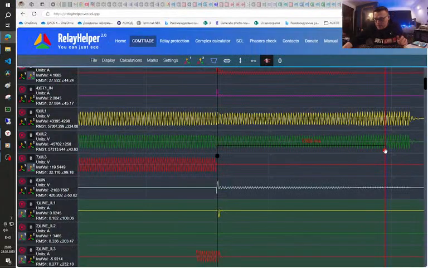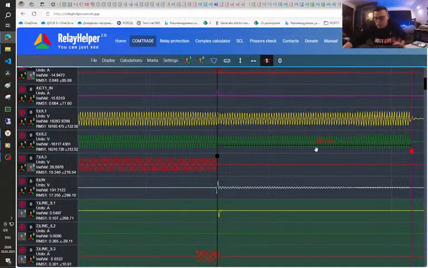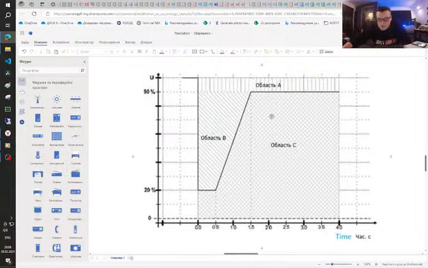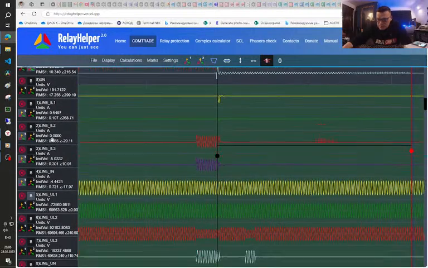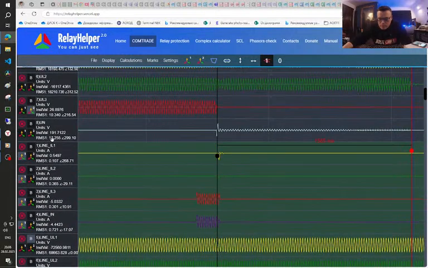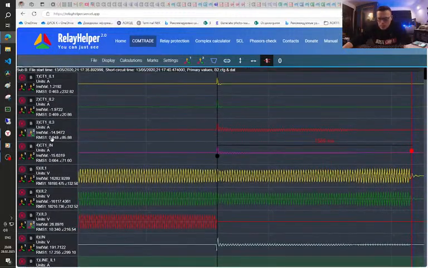But if we return to this particular case, this 1.5 seconds is because of that picture. So we can say that the wind farm behaved like it was required from our code.